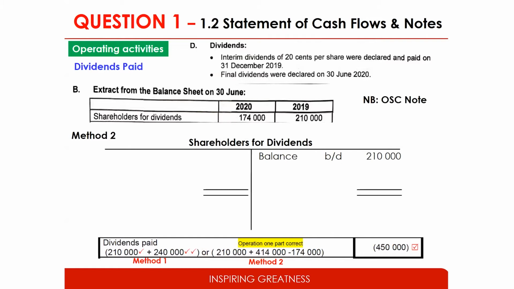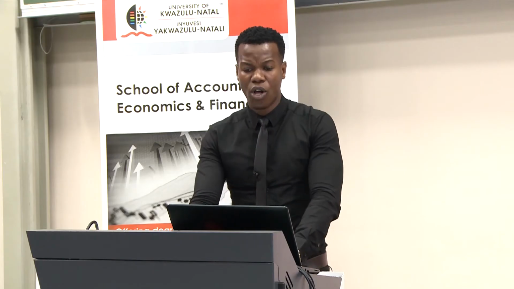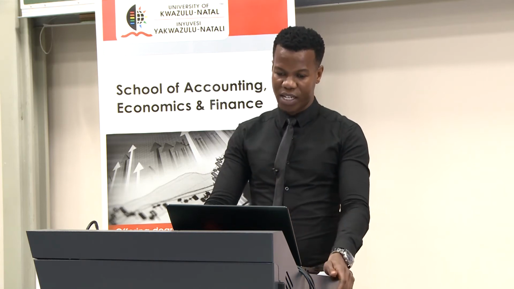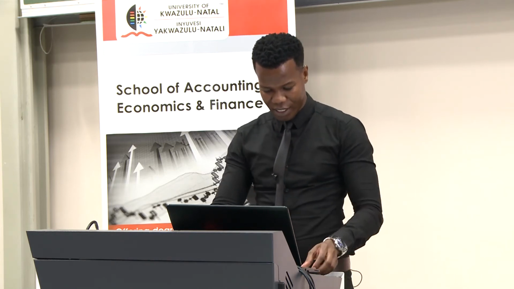All right. Again, I've made it very simple there. Draw your T account. It makes life exponentially easy for you. You've got your balance of shareholders' dividends of 210,000. You've got your closing balance of 174,000. Now you have two types of dividends. You've got your interim dividend.